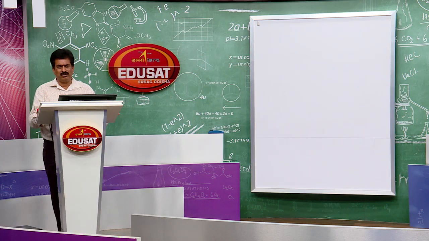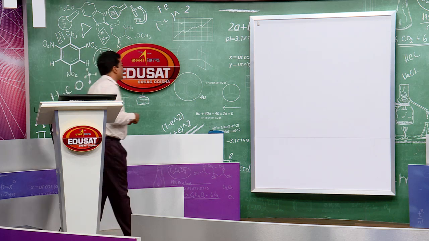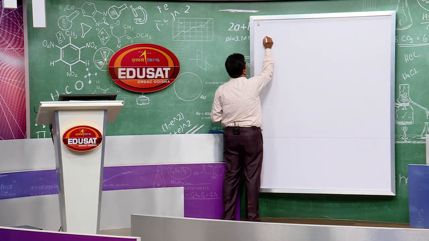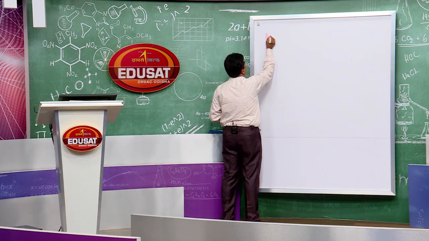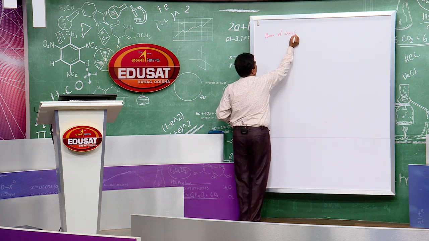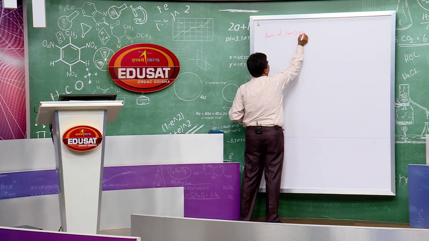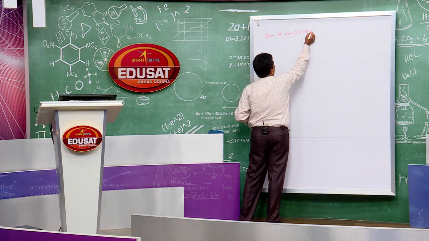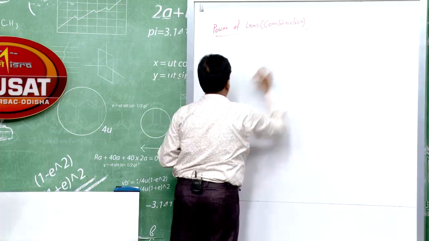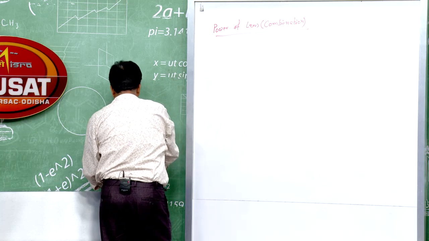So, let us now see, if two lenses are in combination with each other, what will be the power of the lens. Power of lens, in bracket you can write, in combination. Combination means combined.